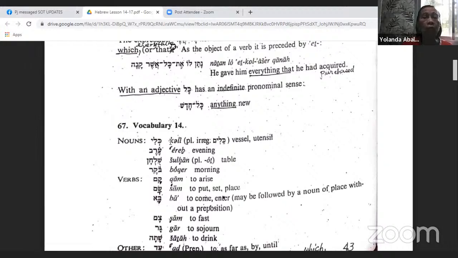It is called keli, it is called vessel. The plural of keli is kelim. Notice that keli is kaf, sheva, lamed, chirik, yod.